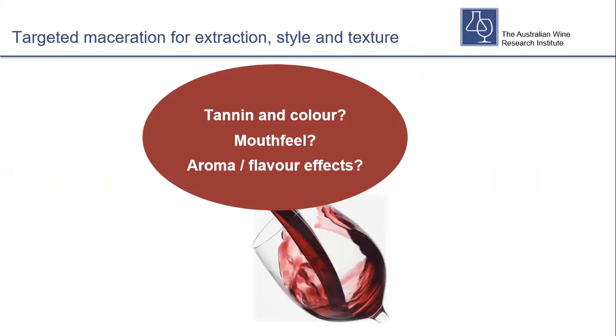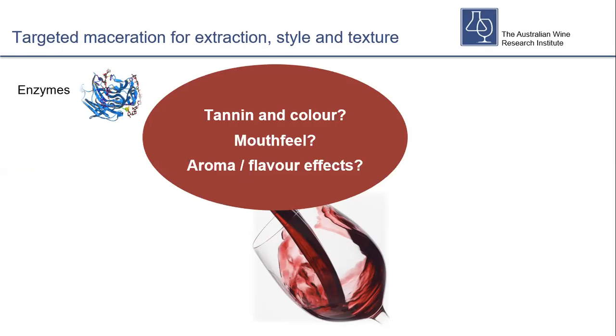So when we talk about targeted maceration techniques today, so choosing tools to actually manipulate style and texture in the wine, we want to address techniques that we know are going to introduce an effect. I will talk a little bit about cold soak, but we saw from these comparative approaches that cold soak was not generally producing a large change.